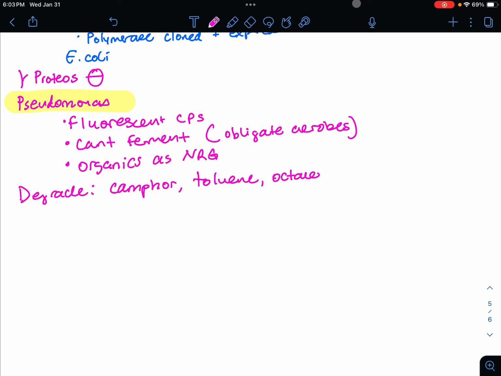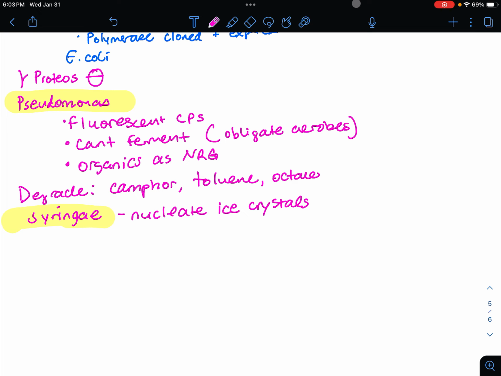But P. syringae, this one is specifically listed here. The outer membrane protein complex will nucleate ice crystals. And this causes frost just on the leaves.